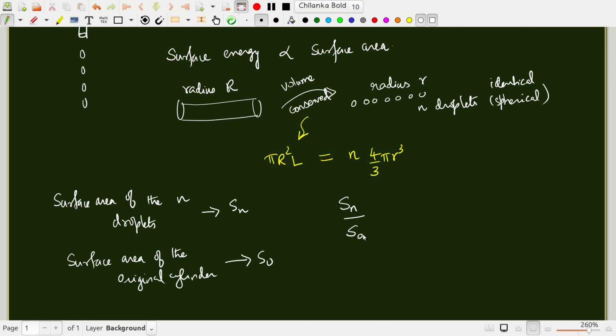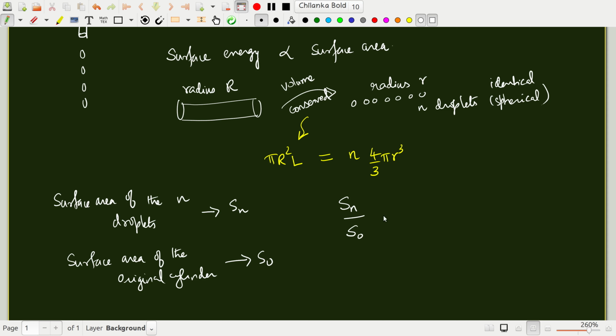If Sn is greater than S0, then there is an increase in surface area and therefore surface energy. That is not a feasible process, because systems would like to go to a state of lower energy, and from a thermodynamic point of view, systems always try to go to a state of lower energy. So if Sn is greater than S0, that process is not feasible energetically speaking, whereas if Sn is less than S0, then certainly you might expect that the cylinder has more surface energy than the configuration of droplets.